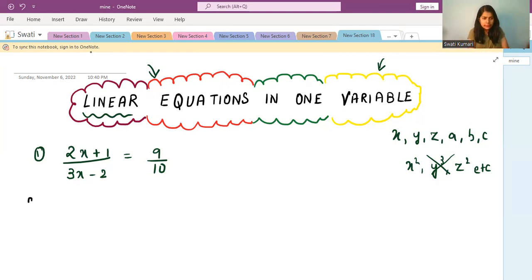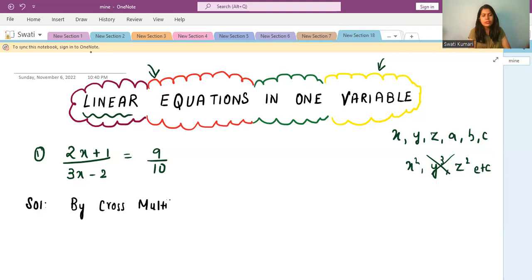You can see that we have x in the numerator and we have x in the denominator. We cannot solve this directly by doing something only on the LHS. So here we can do one thing: a cross multiplication.